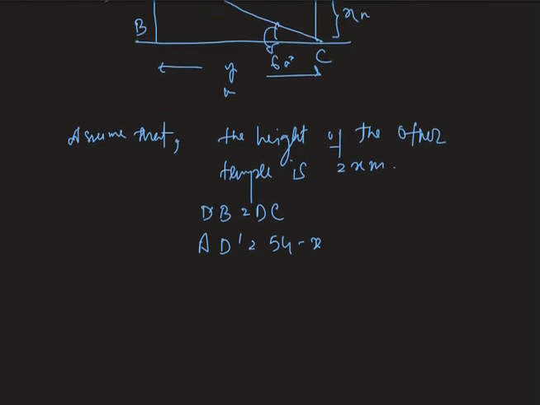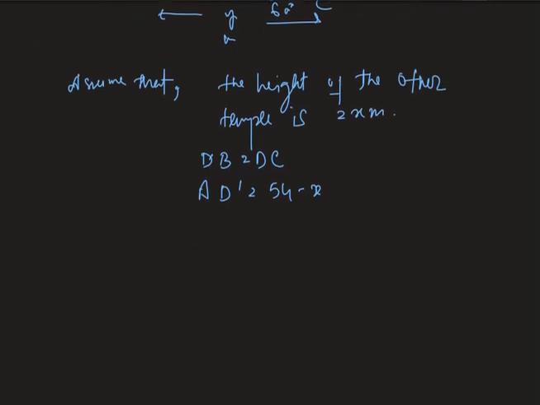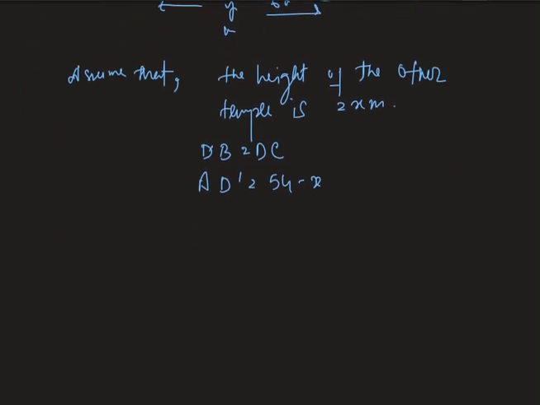Now in triangle ABC, the tan of the angle 60° is 54 by y, or we can write AB by BC.